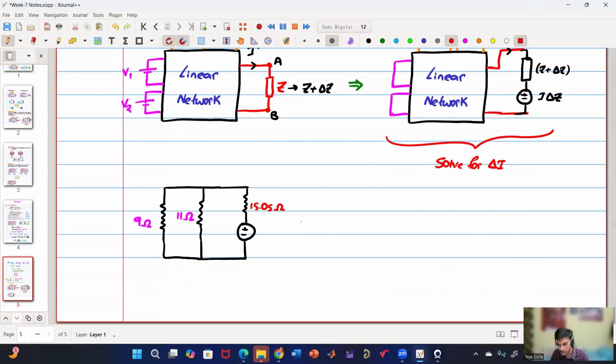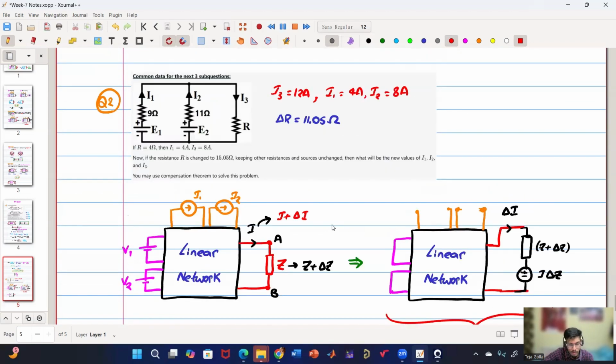180.6, sir. What did you do? Which two did you multiply? 12 into 15.05, sir. Why did you multiply by 15? Current into total impedance, sir. Which impedance? Like I into delta Z, right?